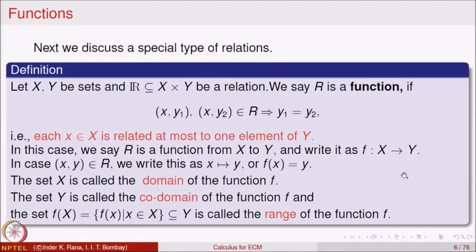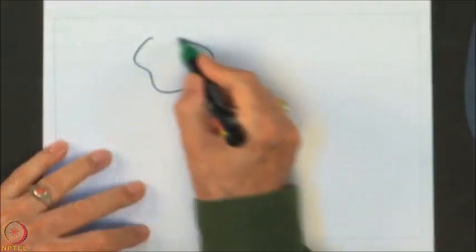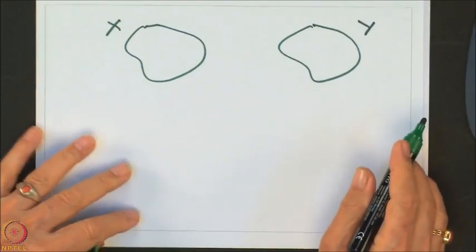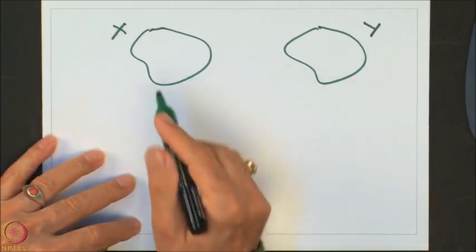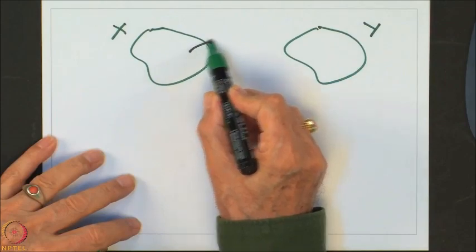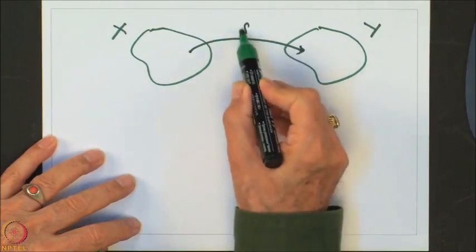Let us try to understand a bit more, so that the concept of function is quite clear. Intuitively, let us try to represent it geometrically. This is the set X and this is the set Y. You can think of a function as some kind of association f.